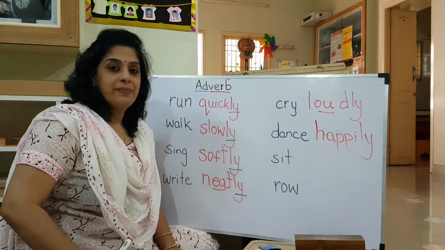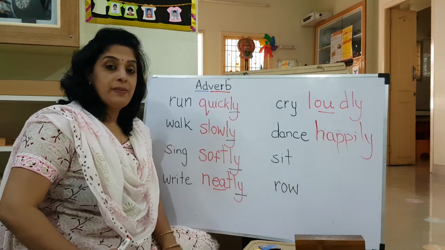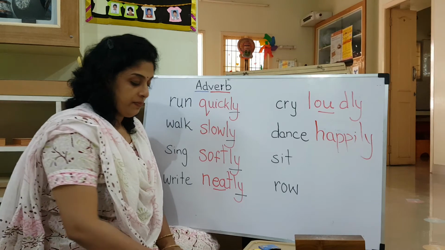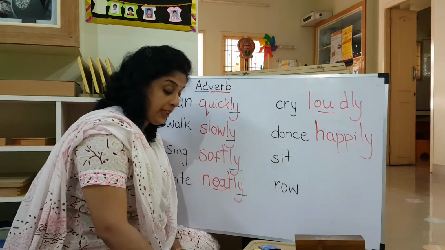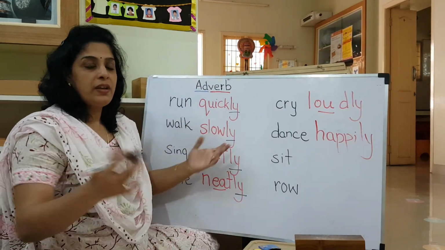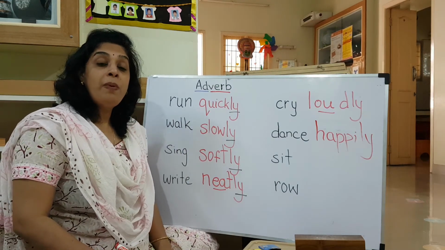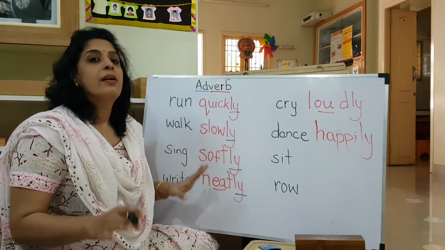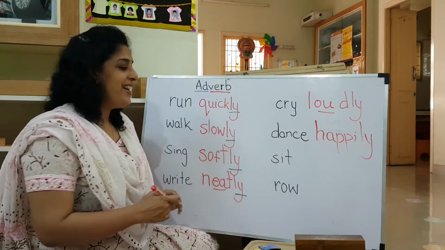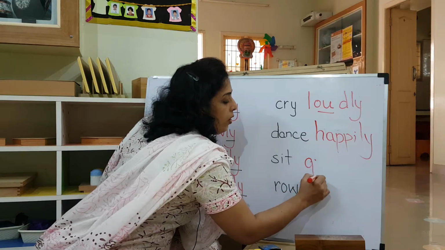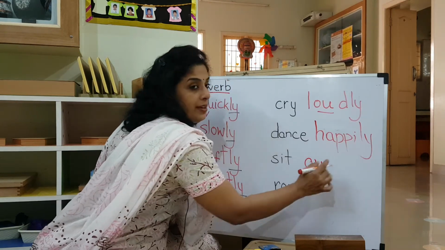Sit. How do you sit? You tell me. Sometimes if we are all noisy, at the end of the day it'll all be noisy. So what will I say? Hey everybody, come on, sit quietly. Okay? Let's write. Qua. Always Q has to come with this, right?